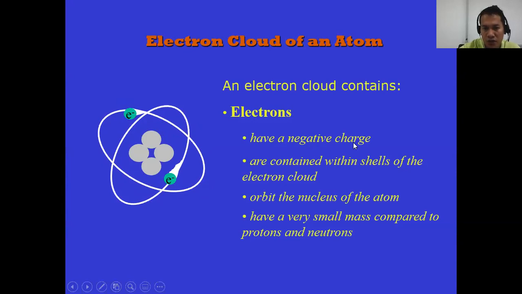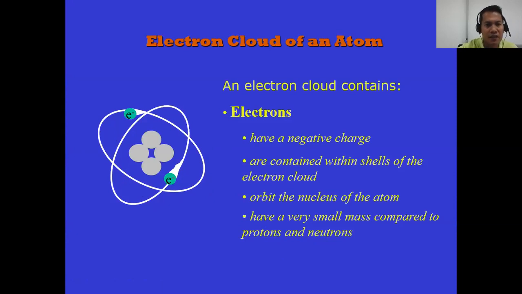They are negatively charged and are contained within shells of the electron cloud. They orbit the nucleus of an atom. They have a very, very small mass compared to protons and neutrons. The electron cloud is actually the formation of how the electrons are moving in certain patterns.